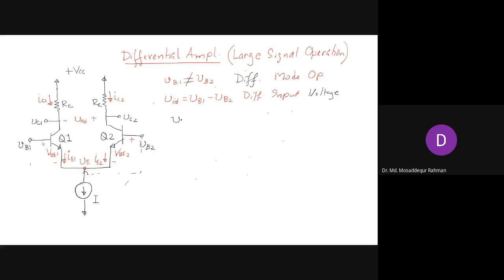Now VB1 we can express like this. VB1 we can write as VBE.